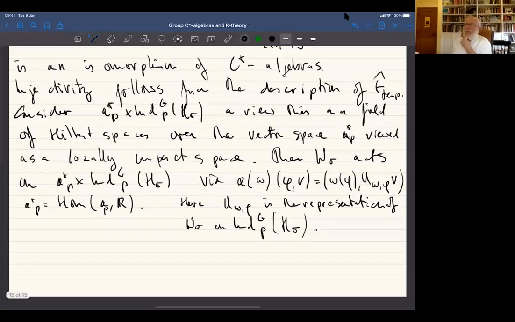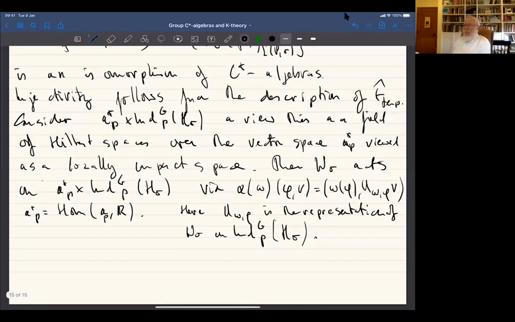So therefore, C0 of A star with values in the induced representation space is the same as the space of sections of this trivial bundle.